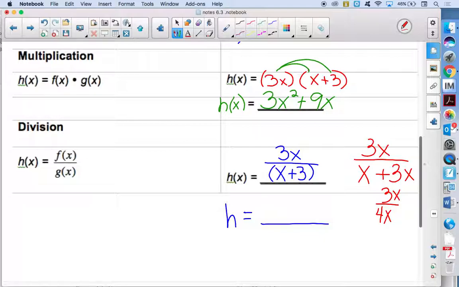But if there is an x and a plus 3, I can't cancel one if I can't cancel it with the other. Whatever you do to one, you must be able to do to the other term. If you can't do it to both, then you can't cancel at all. So don't get over cancel crazy. Don't force things to cancel when they really can't.